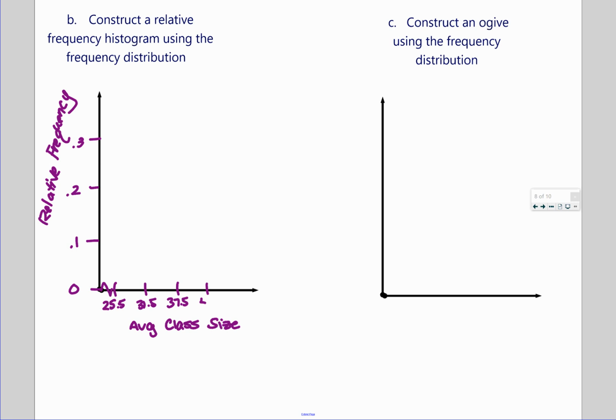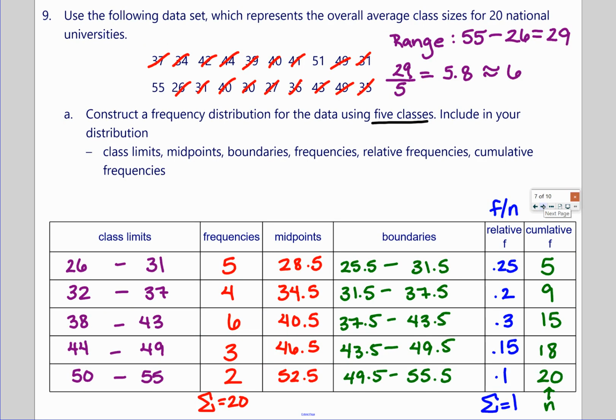37.5, 43.5, 49.5. If I can squeeze in the last one there, was 55.5. Okay. All right, and then you're just going to make your bars go up to whatever their respective frequencies are. So my first three are 0.25, 0.2, and 0.3.